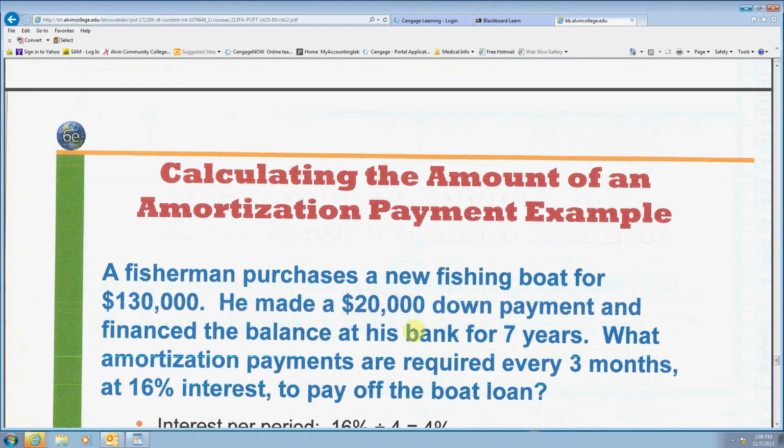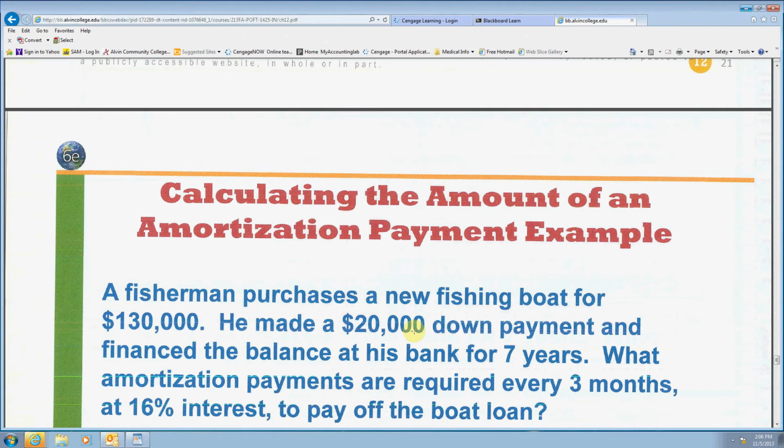A fisherman purchases a new fishing boat for $130,000. He made a $20,000 down payment and financed the balance at his bank for 7 years. What amortization payments are required every 3 months at 6% interest to pay off the boat loan? So pause the presentation and figure your answer.